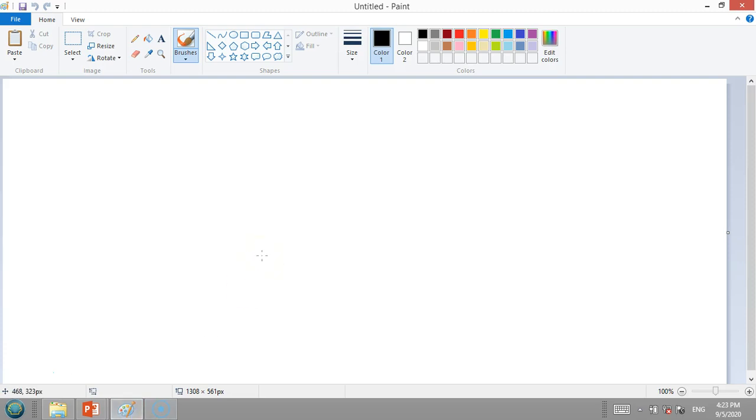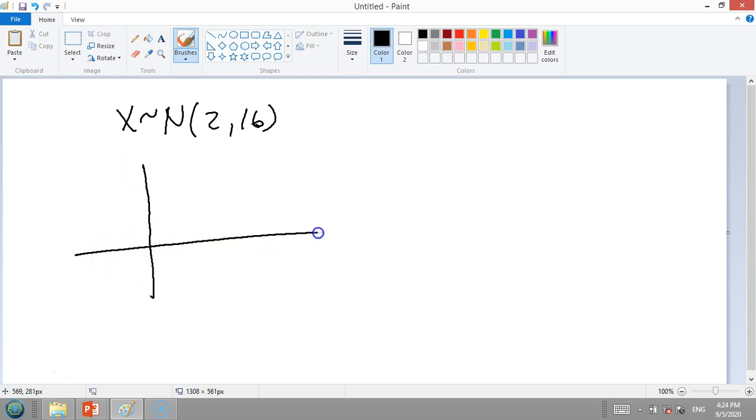So lastly, what do we have here? X is a normal with mean 2 and variance 16. And how is this going to look? Well, now it's going to have a peak at 2, not at 0.